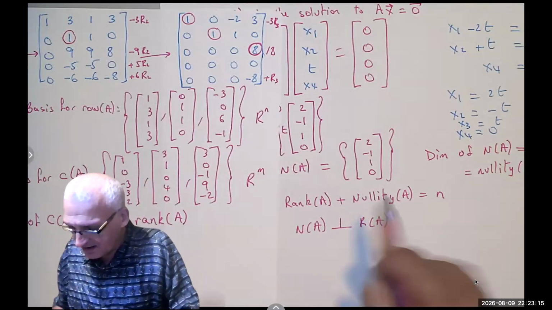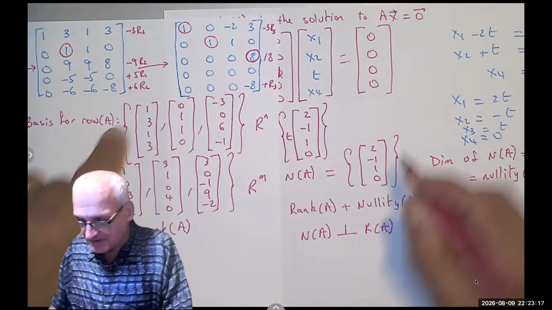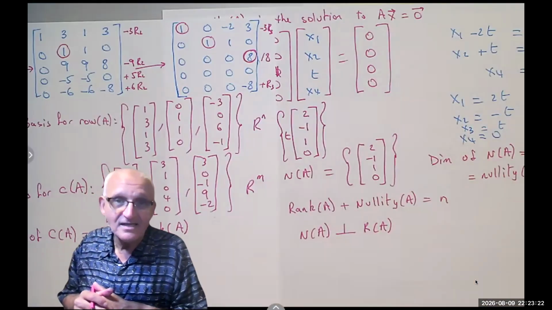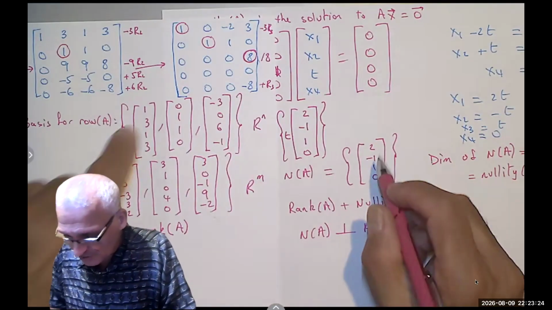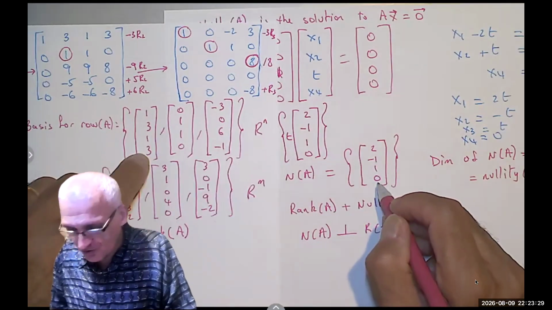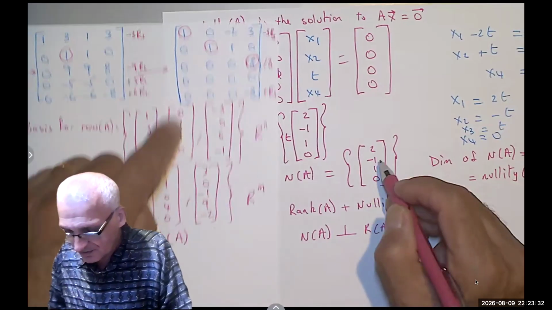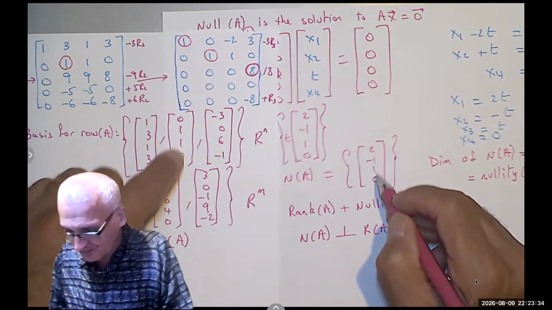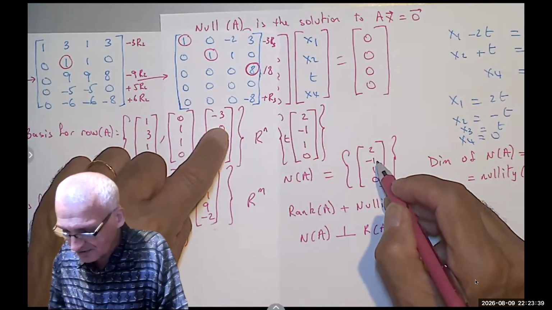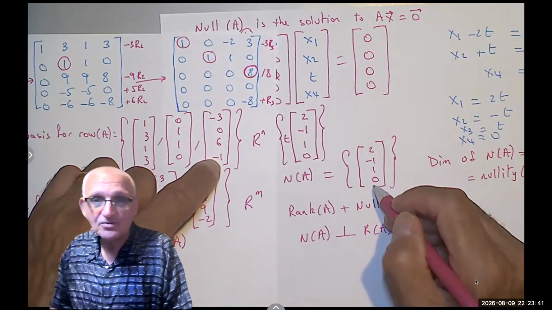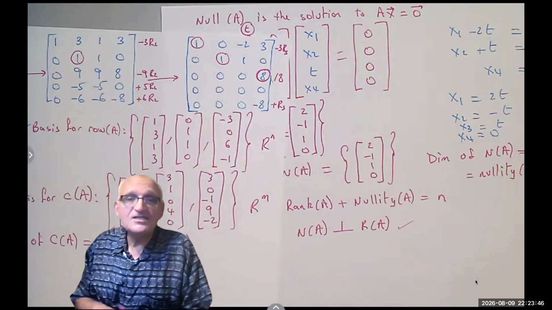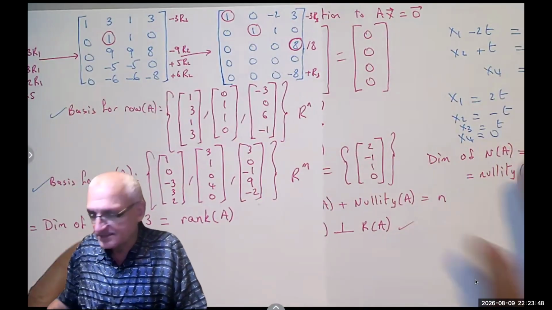So let's see, here is the null space vector and here is a row of A. Notice they have the same size because both live in R4. 2 times 1 is 2, minus 3 is negative 1, plus 1 is 0, plus 0 is 0. 0, negative 1, plus 1 is 0, plus 0 is 0. Negative 6 minus 0 plus 6 plus 0 is 0. So yes, the null space is perpendicular to the row space of A.